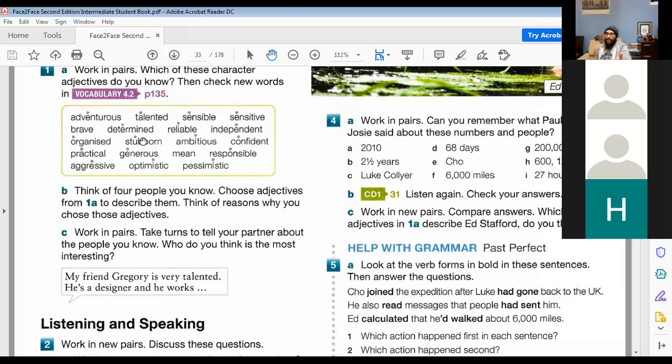But it's very good to have a reliable family member. I think this is very, very important. If you have a reliable sister or a reliable brother, this is excellent. This is very important in life, I think. And she's sensible. So she's not very emotional sometimes.